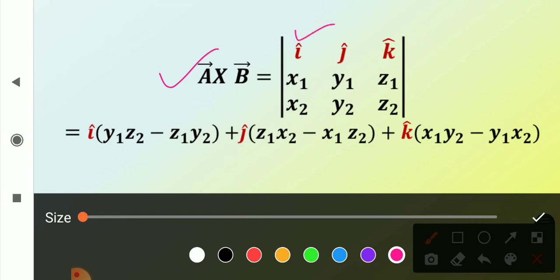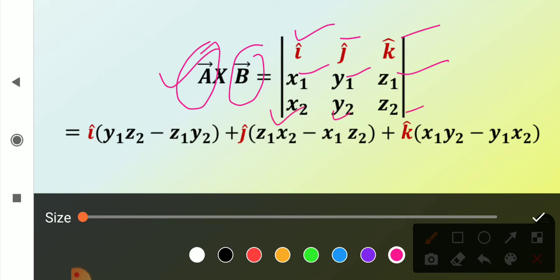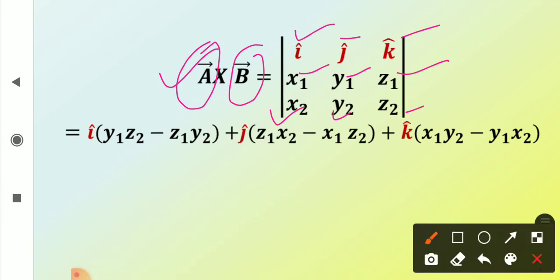In the first line write I j k, in the second line write all the coefficients of the first vector x1 y1 z1. The third line will be all the coefficients of the second vector x2 y2 z2. Now let's see how we do it.